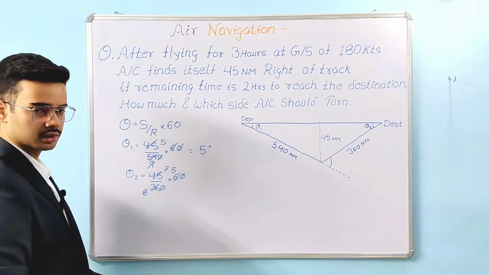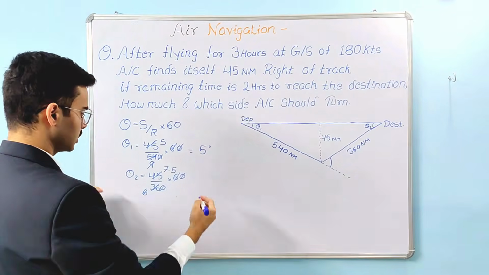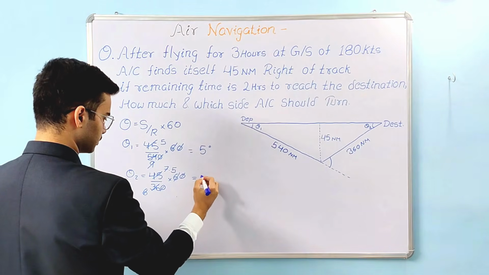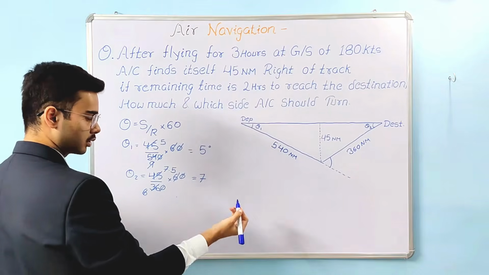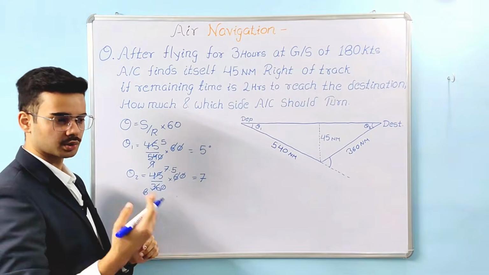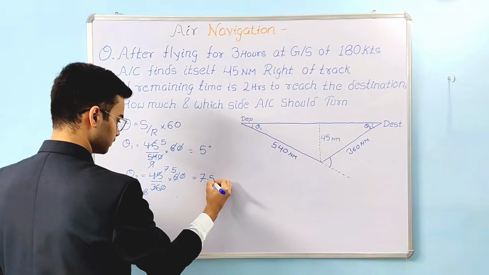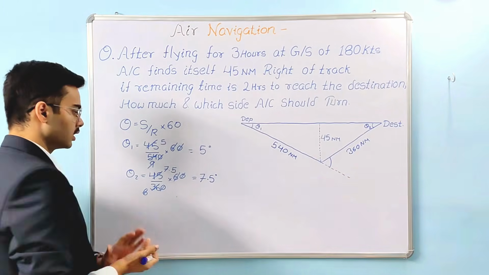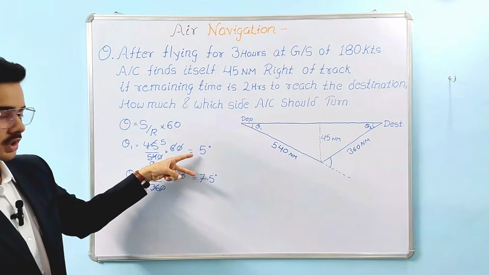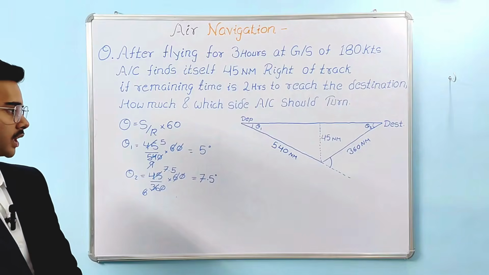This time we got it in decimals, no issue. We'll write it in decimals only. We can also round it off if the given options do not have decimal places. Okay, so two angles, we got 7.5 and 5 degrees.